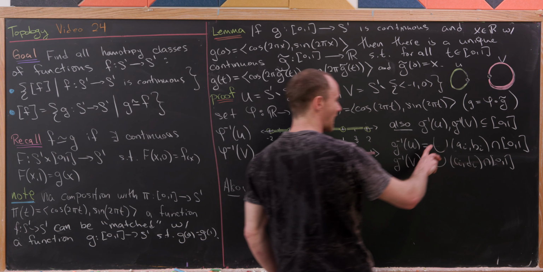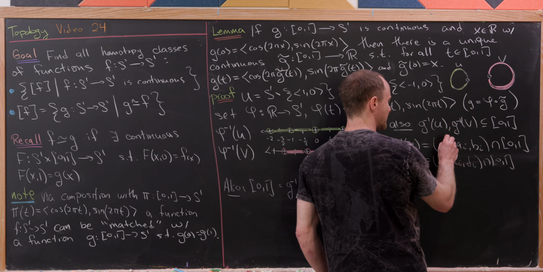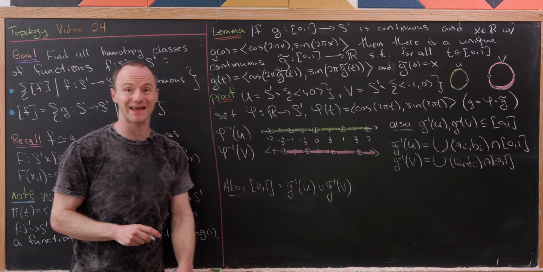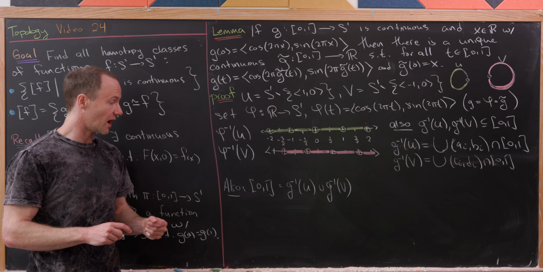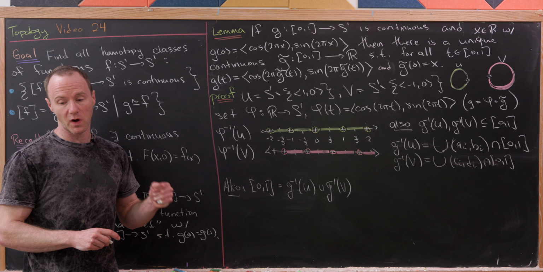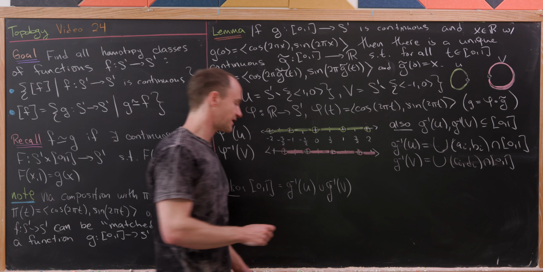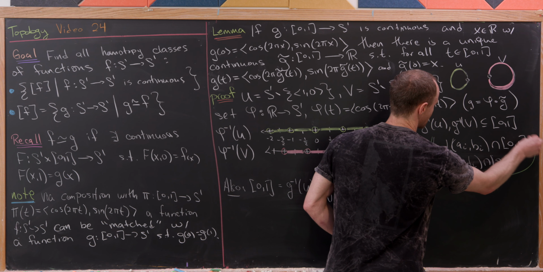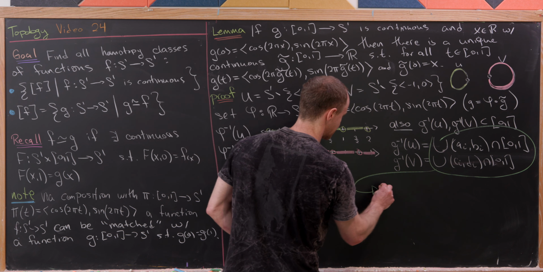Now, if we combine these two collections of open sets forming the pre-image of u and the pre-image of v, we get an open cover of [0, 1]. But we know that [0, 1] is compact. So that means we can extract from these a finite subcover.